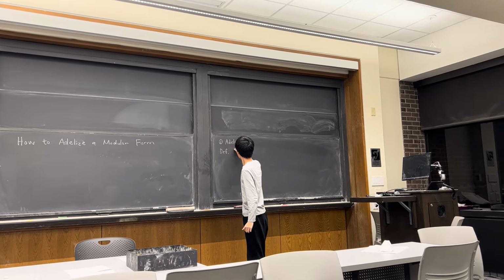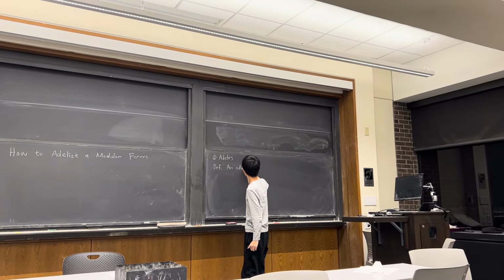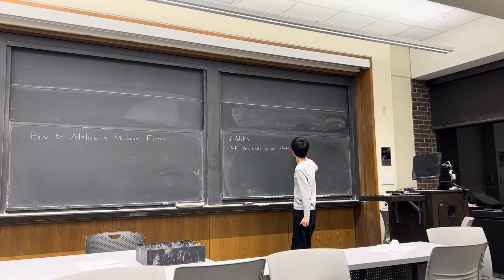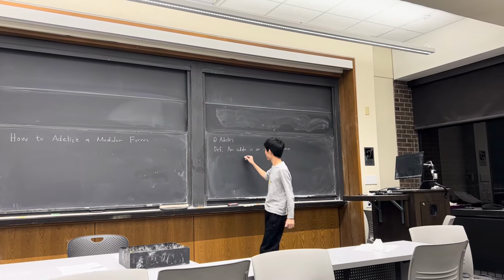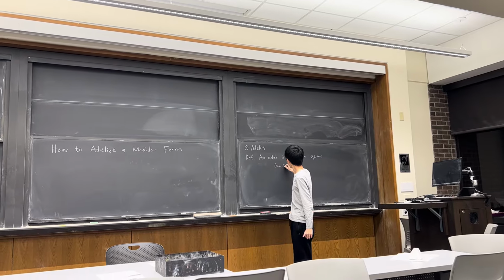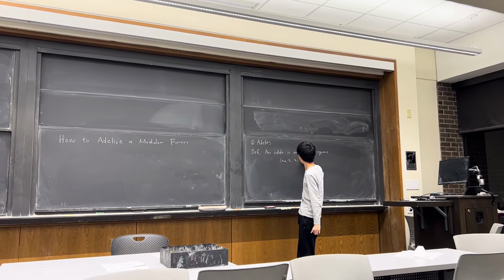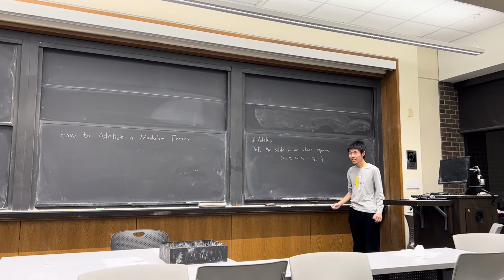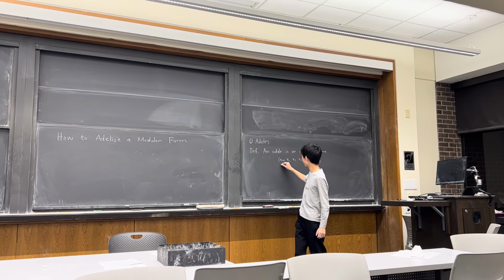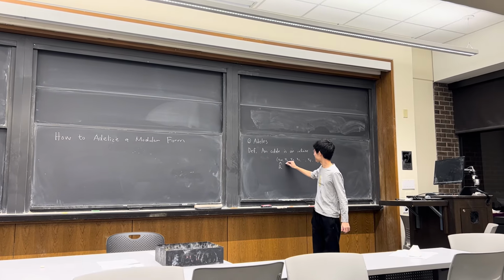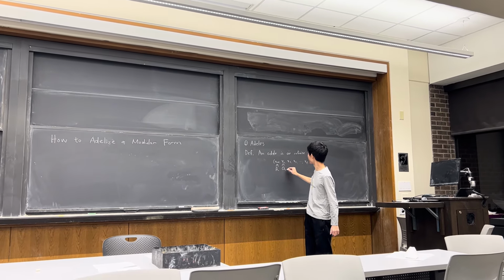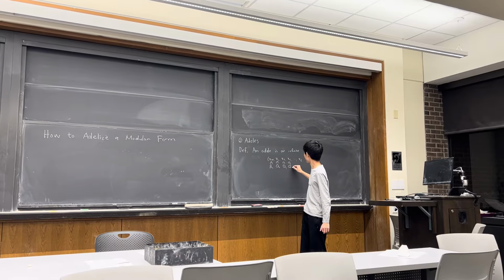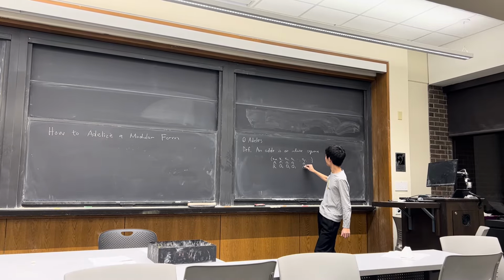Definition. An adele is an infinite sequence x_infinity, x_2, x_3, x_5, and this runs through all the prime numbers, such that x_infinity is a real number, and x_2 is a 2-adic number, and x_3 is a 3-adic number, and so on and so forth. x_p is a p-adic number.